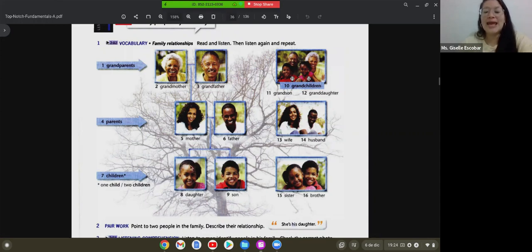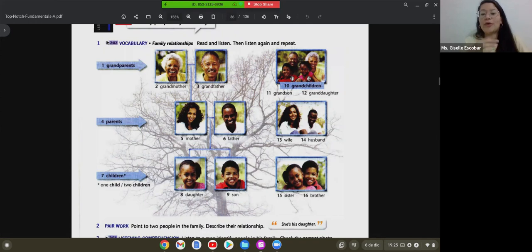So, entonces, ella, la niña, is his daughter. Su hija. Si estuviéramos hablando de la mamá, diríamos she is her daughter. Her. La hija de ella. Aquí estamos diciendo básicamente ella es su hija o ella es la hija de él.